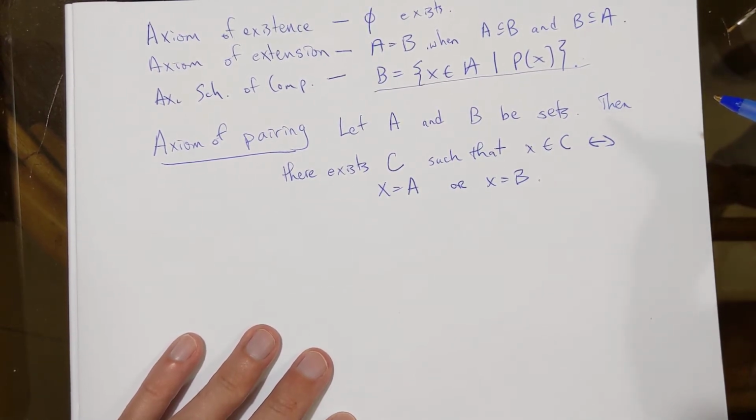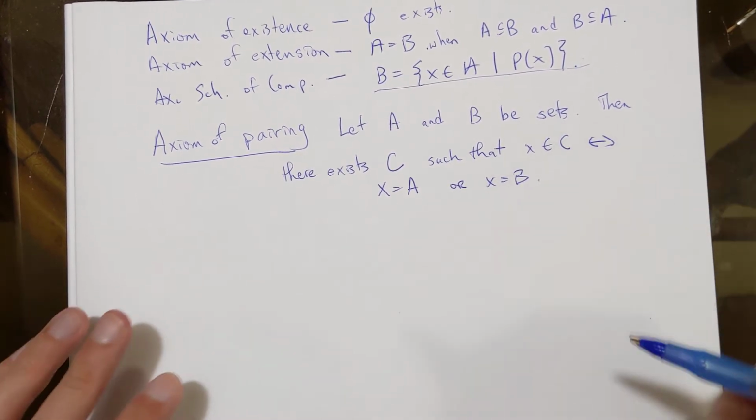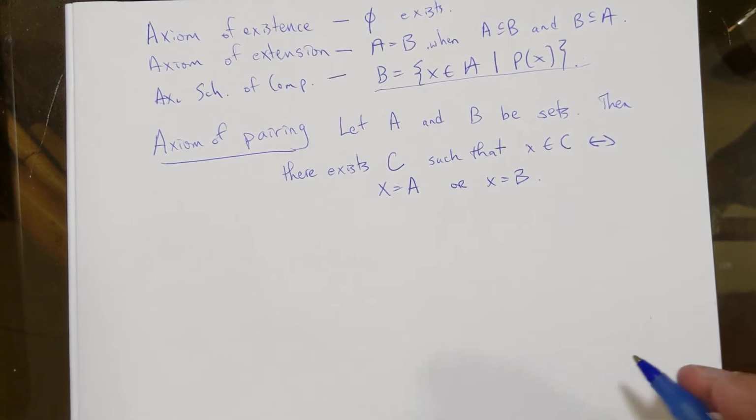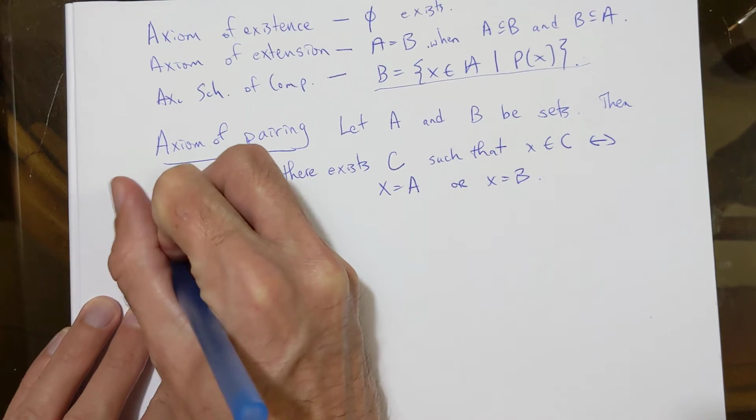It's called the unordered pair of A and B. First we'll make the definition, but then after we'll need to justify the definition. Okay, so let's start with the definition.